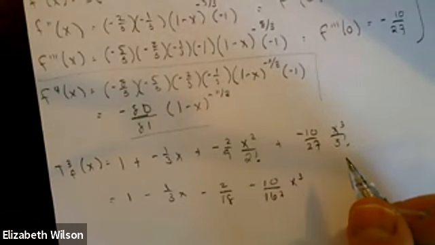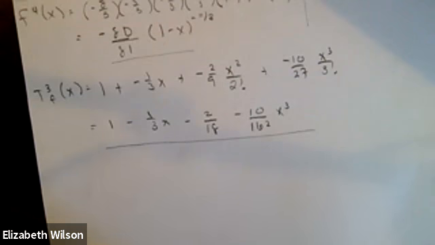But you could totally leave it like this, and that would be totally fine. So don't worry about actually multiplying things through if you're not sure. When in doubt, just leave it there. Okay, so that's part A.